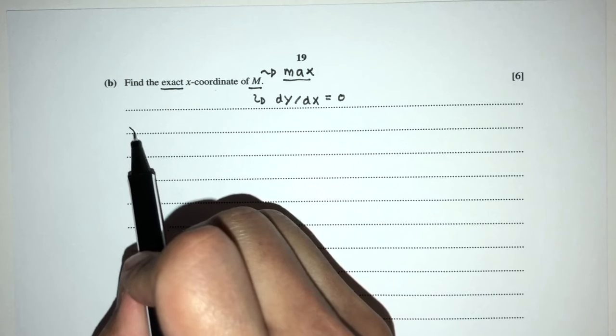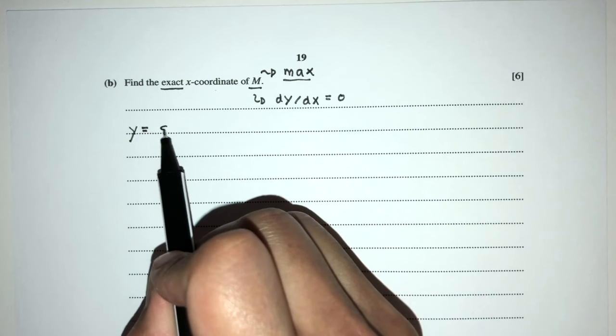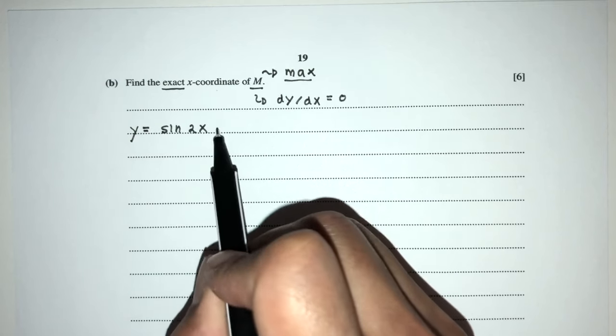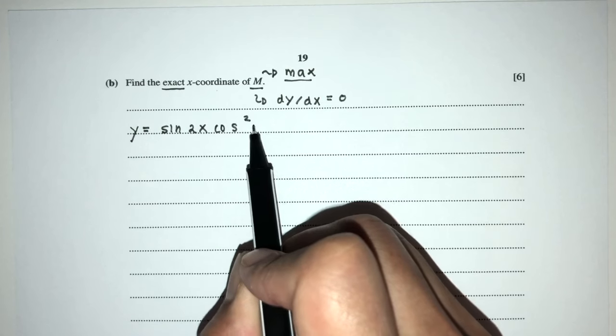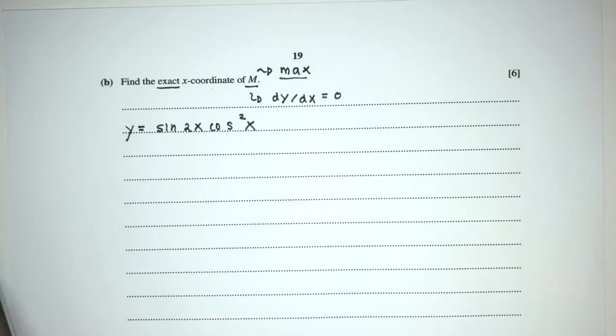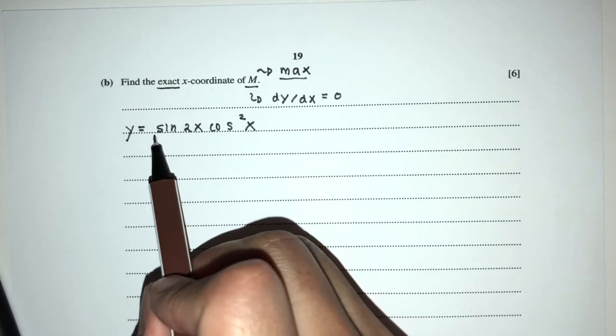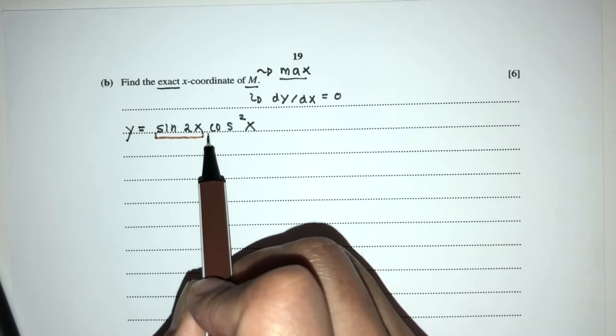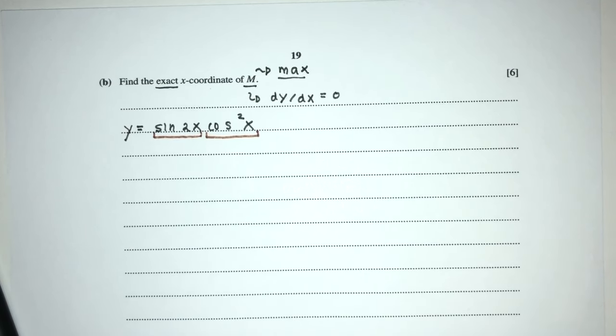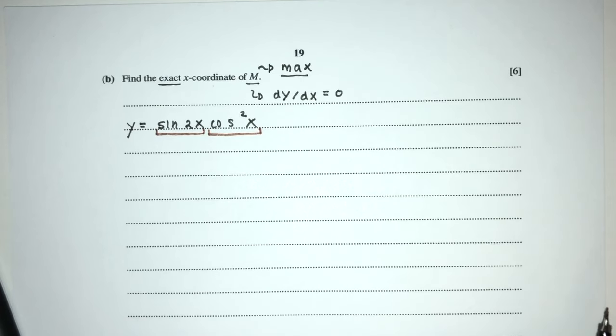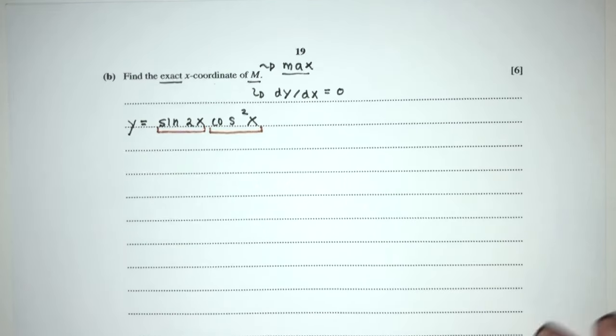Now, we know y has been given to you as sine 2x cos square x. Okay? Now by observation, you can see that this is clearly a product, so we can use the product rule to find dy by dx.